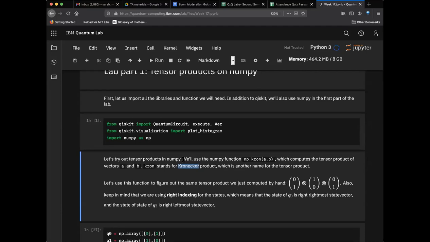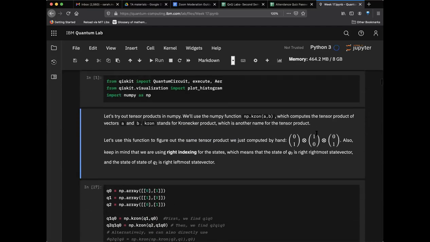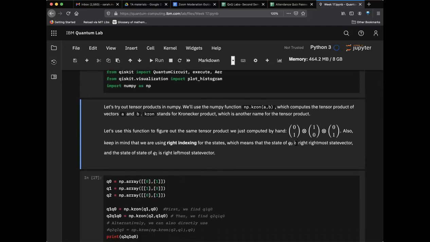But yeah, in this case, we're just doing the Kronecker product, which is the exact same thing as the tensor product. We just have a different name for it in NumPy. And we're going to use it to figure out the same tensor product we computed by hand, which is this 0, 1 times 1, 0 times 0, 1, or I guess the 1, 0, 1 state.